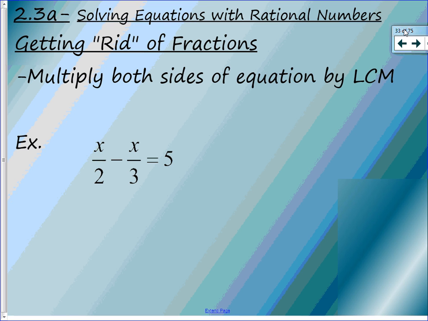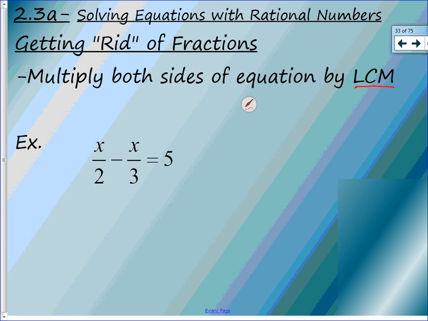One thing that I always do is I know that I don't like dealing with equations that have fractions in them. So what I like to do is get rid of the fractions. My way to get rid of the fractions is I multiply both sides by what's called the least common multiple.